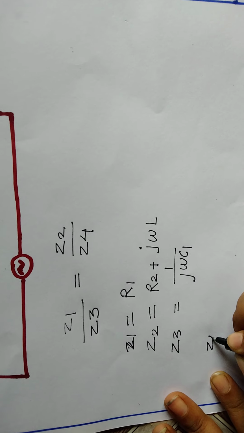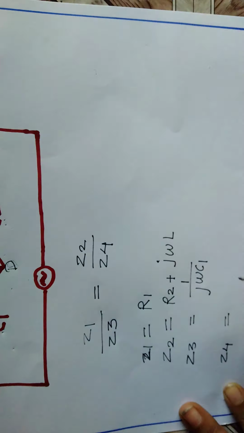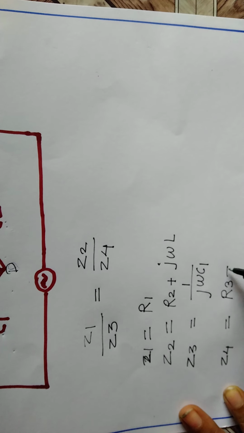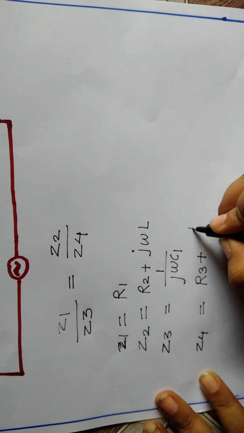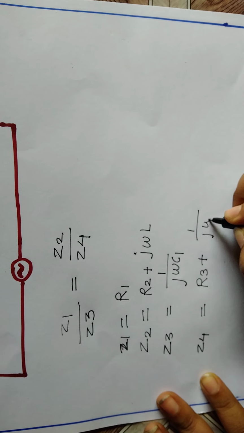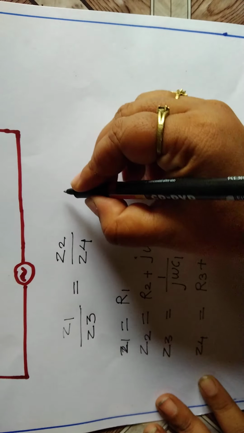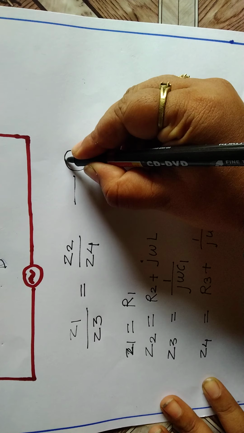Z4 is equal to C2 and R3, which means R3 plus 1 by j omega C2. This equation is written as equation 1.